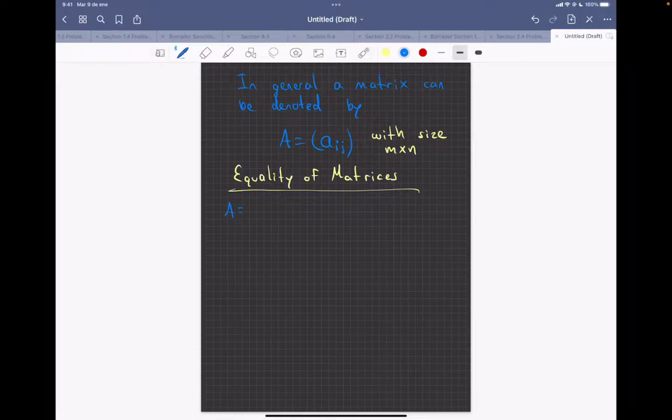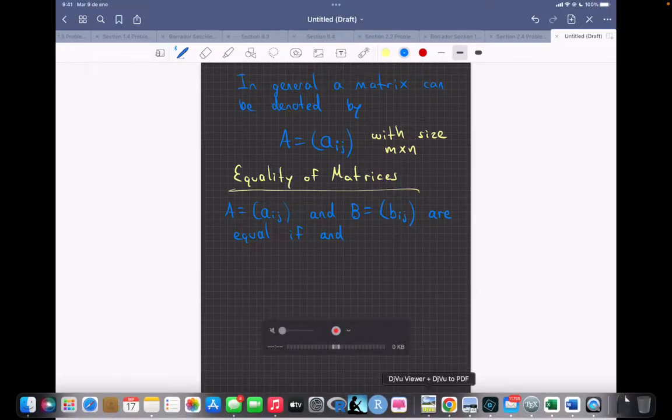The matrix A given by Aij and B, capital B, given by Bij are equal if and only if they have the same size and, for any subscript, I mean any ij, we have that Aij is equal to Bij.